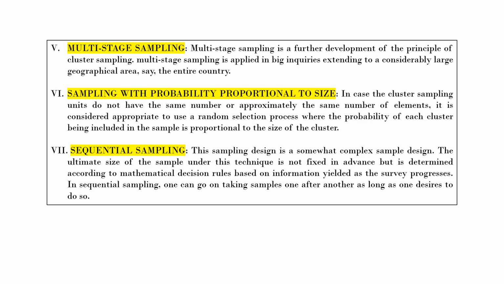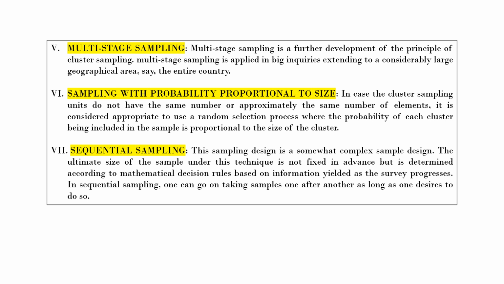Next is sequential sampling. Here the size of the sample under this technique is not fixed in advance, but is determined according to the decisions taken on the basis of the information we have gathered during the survey process.